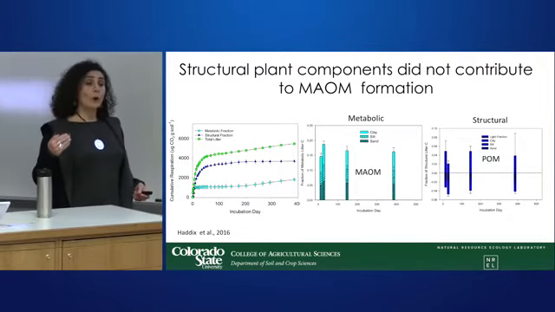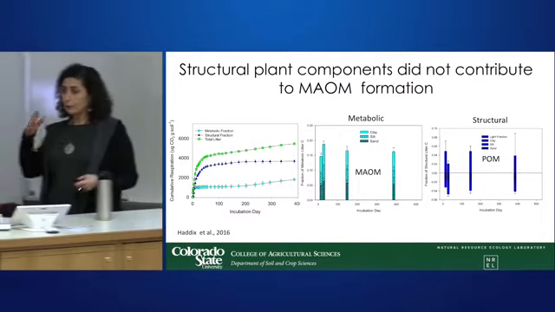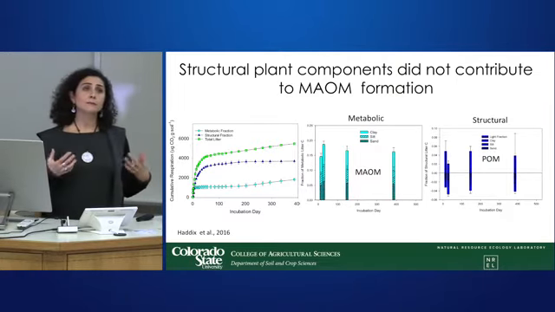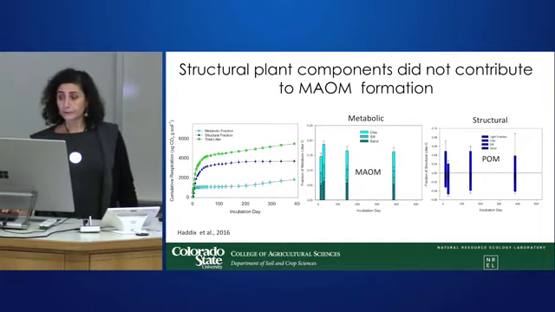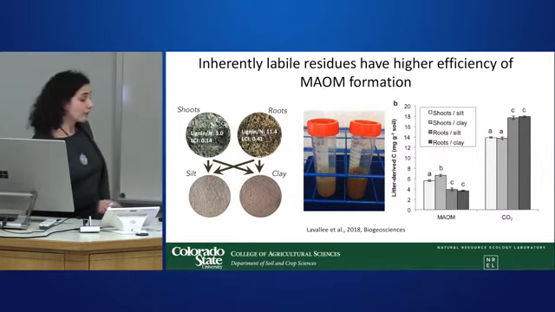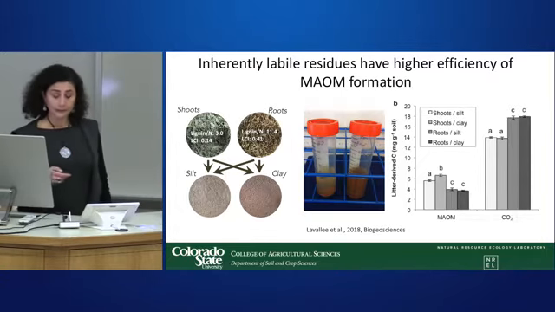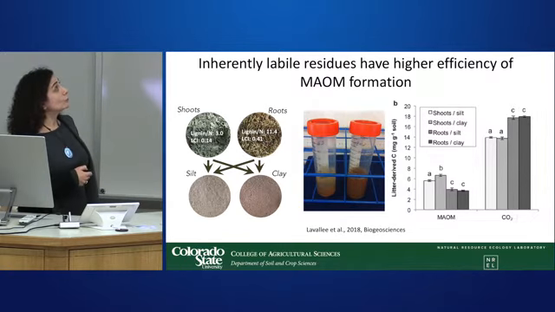Then at that point, we wanted to understand, okay, is there a difference in the mineral, then, between the silt and clay? And so a PhD student at the time, now my postdoc, Jocelyn Lavallee, decided to do an experiment in which we did a slurry incubation to accelerate and speed up the process.